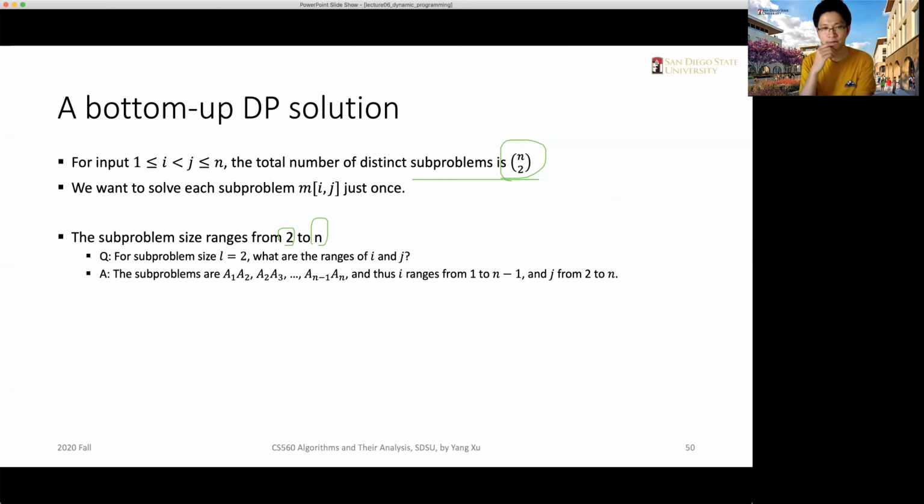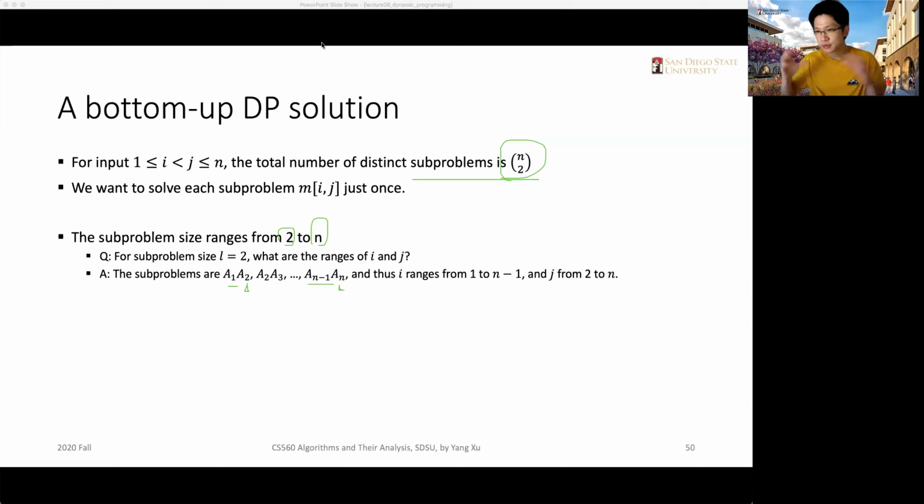In that case, the subproblems are A1 times A2, A2 times A3, A3 times A4, and so on until A(N-1) times AN. So the range of I is from 1 to N minus 1, and the range of J is from 2 to N. That is for the smallest subproblem.